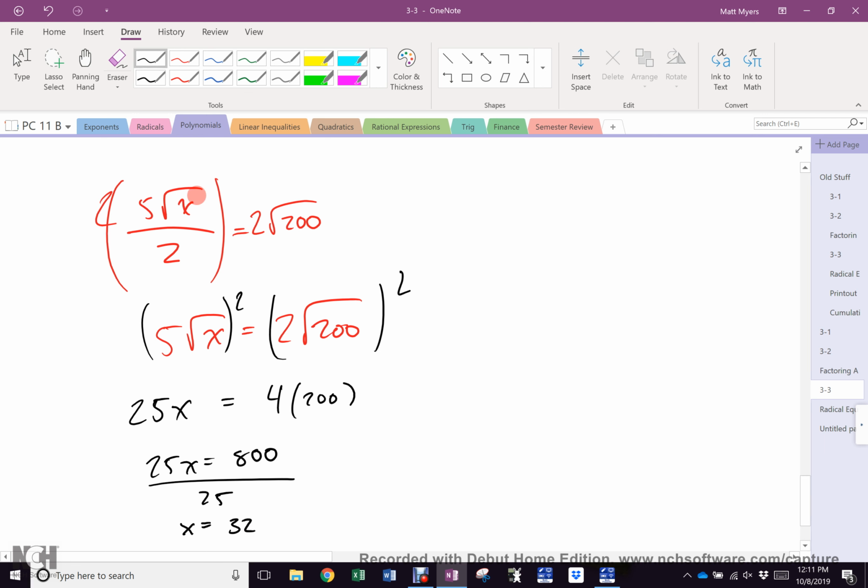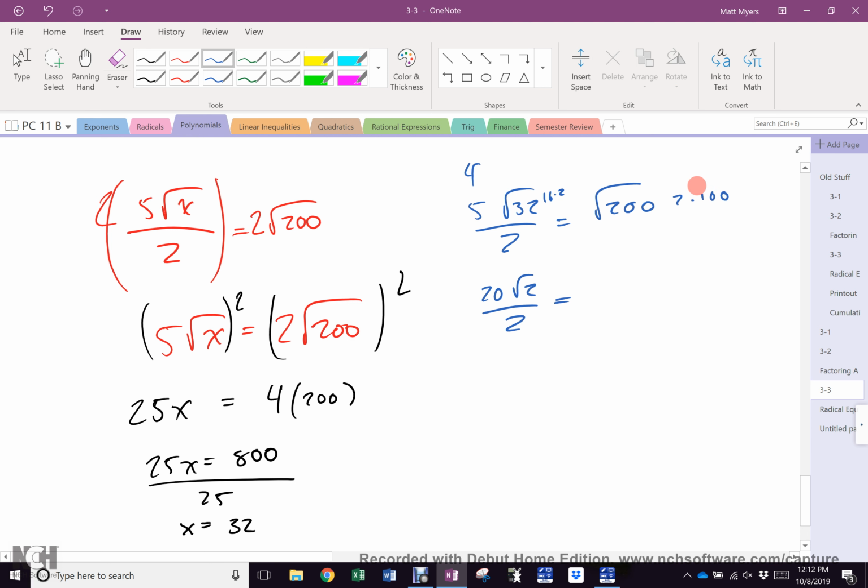And then we check. How do we check? We go back to here. I'll change colors. 5 root 32 over 2 equals root 200. Yes? Well, what would you do with that? We've done our radical unit. What do you do with that? I heard Crystal just muttering it. Oh, okay. Well, that is 16 times 2, isn't it? Right? So what would come out? 4. What's already there? So I got 20 root 2 over 2 equals, that is 2 times 100, yes?